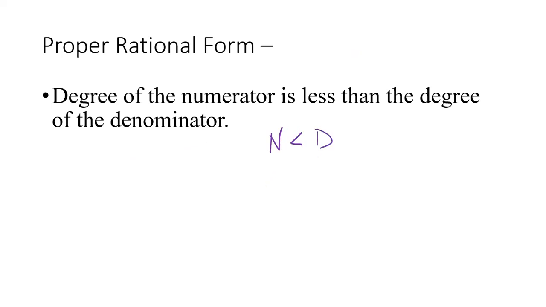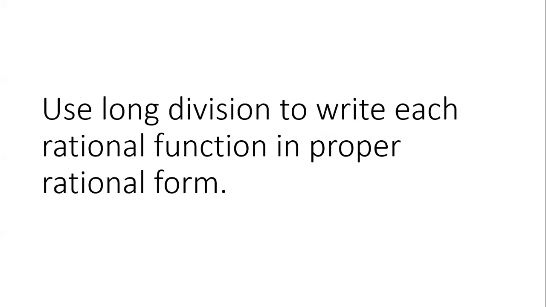When it is not, then we have to perform long division to put it in proper form, which is why unit 3 was about long division. And you already had your test over it, so you all should be pros at it. So we're going to use long division to write each rational function in proper rational form.